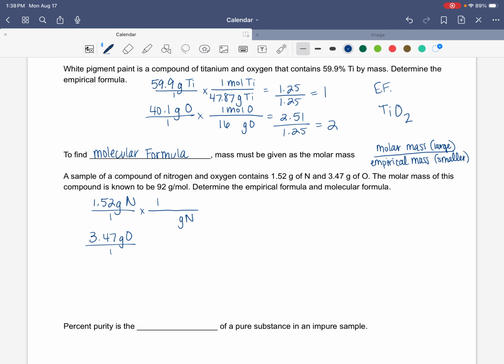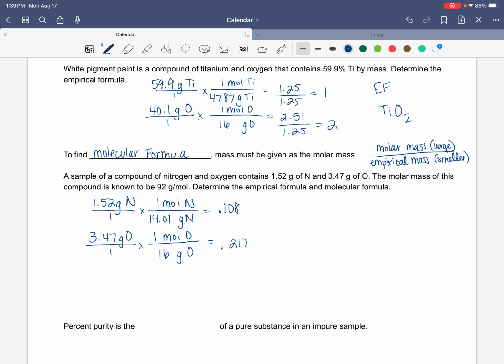We're going to moles of nitrogen using the molar mass of nitrogen off the periodic table. And then same thing with oxygen. There's 16 grams of oxygen in 1 mole of oxygen. So I'm going to get 0.108 moles of nitrogen and 0.217 moles of oxygen.